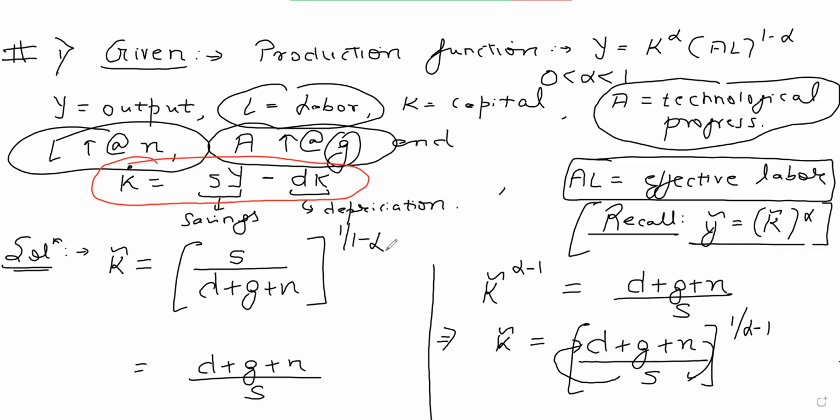The sign is going to change: instead of alpha minus 1, I'll have 1 minus alpha. So this answer is also correct. I can label it as star.